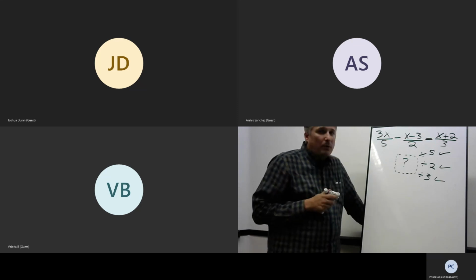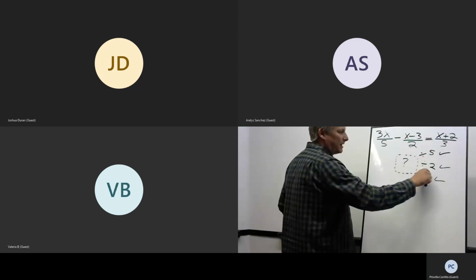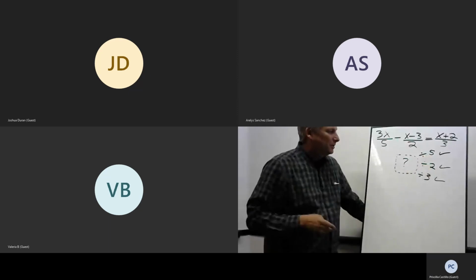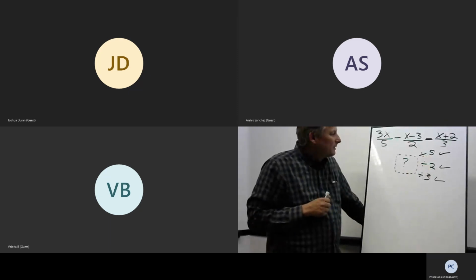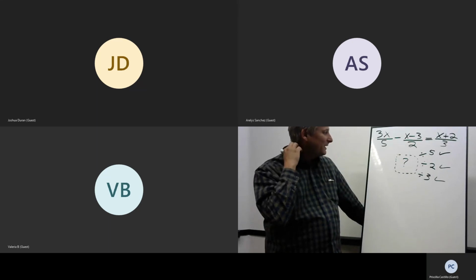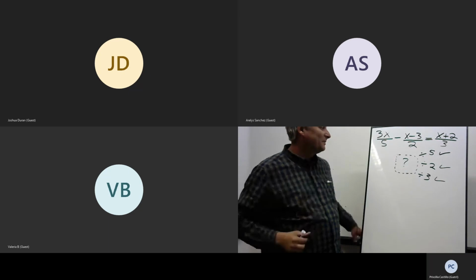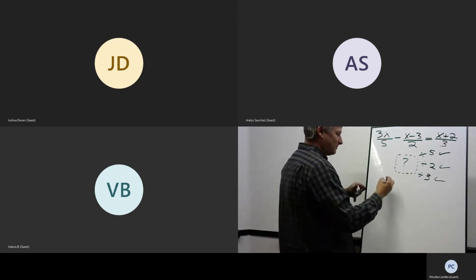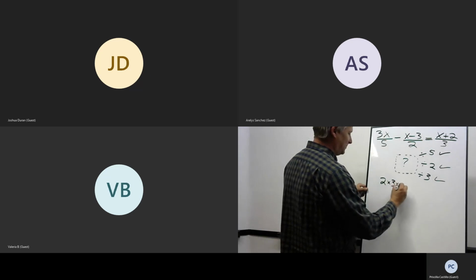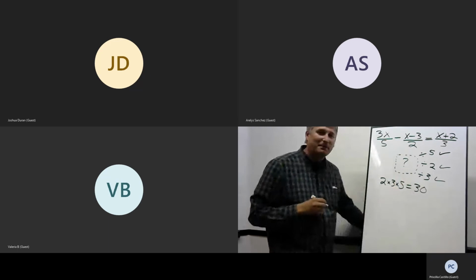Now, a number that will always work, you can take 5 times 2 times 3. If you multiply these denominators together, you'll get a number that works. So that's one way you can do that. Let's see, is there any other way? I don't think there is. So we can use a number, 2 times 3 times 5, 30.